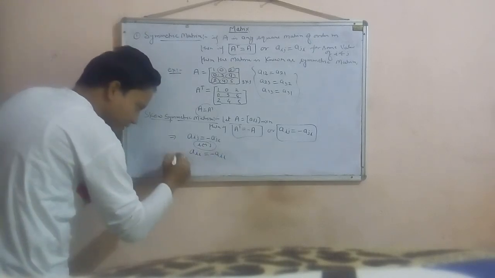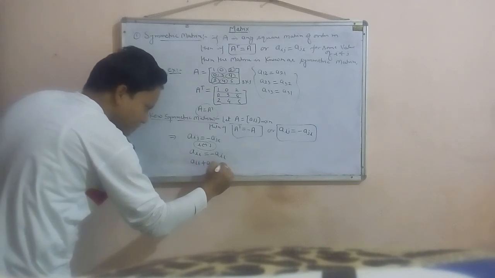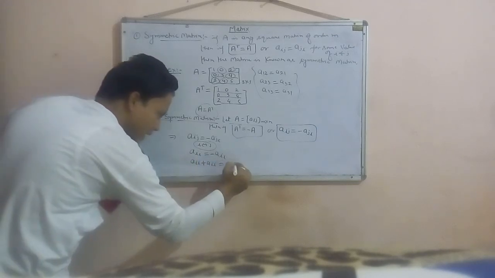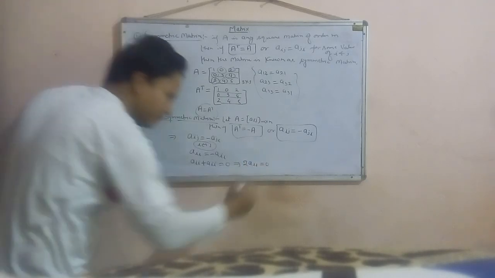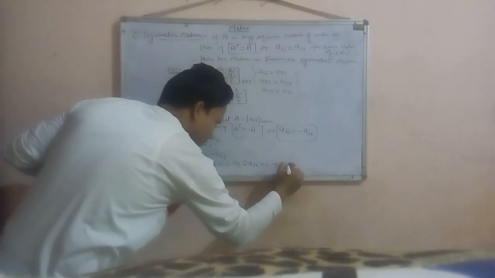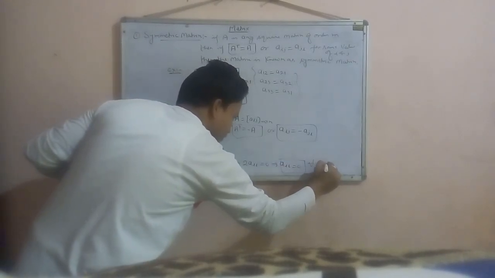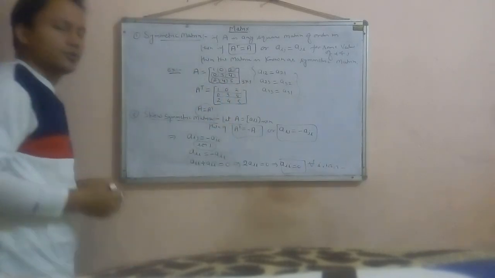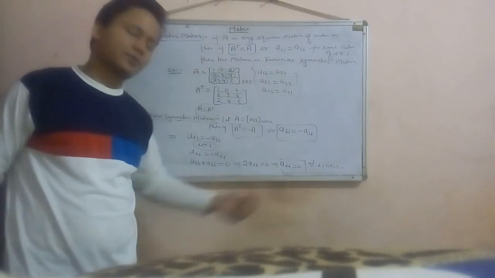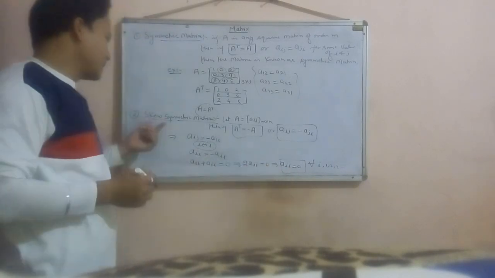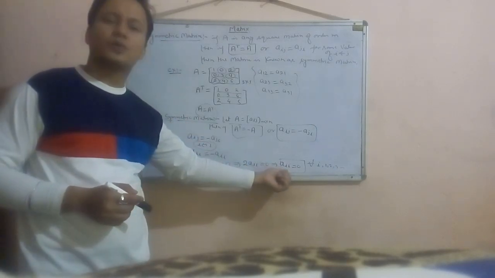After taking it to the left hand side, Aii plus Aii must be equal to 0, which implies twice Aii equals 0, which again implies Aii equals 0 for all values of i belonging to 1, 2, 3, and so on. So what does Aii equal to 0 mean? It means that in a skew symmetric matrix, the diagonal elements will always be equal to 0.